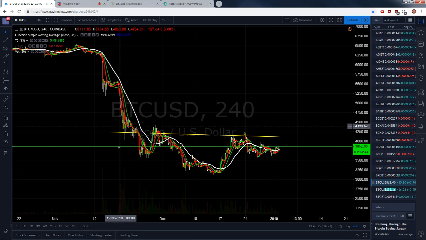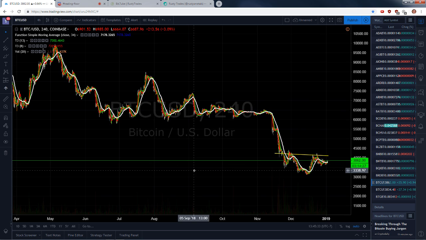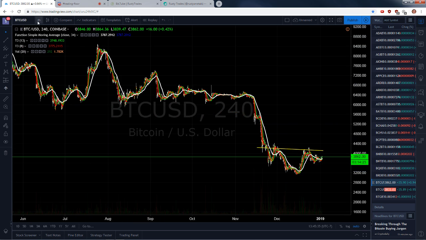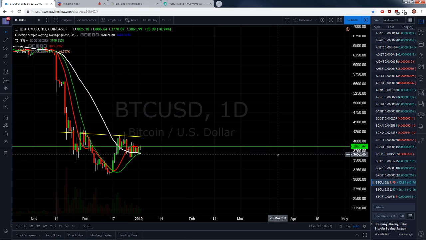Bitcoin, again, reverse head and shoulders: left shoulder, head, and on the right shoulder, completing. Looks pretty nice. Nice classic reverse head and shoulders. Let's take a look on the daily. Very nicely done. Left shoulder, head, right shoulder, little U-turn right over support.